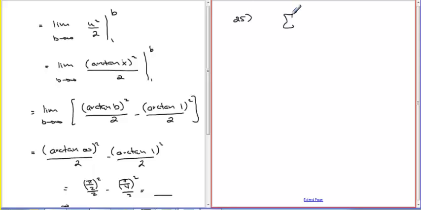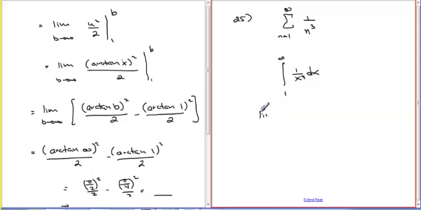So we get the integral from n equals 1 to infinity of 1 over n cubed. Okay, so the equivalent integral is the integral from 1 to infinity of 1 over x cubed dx.